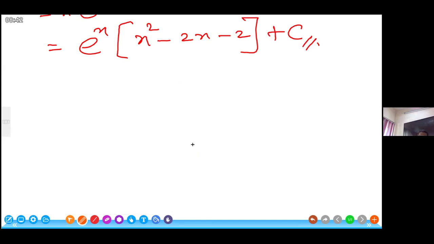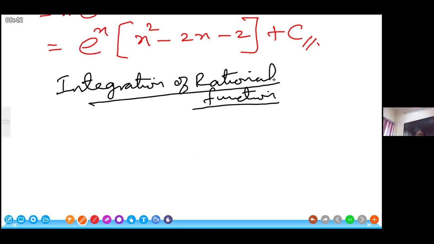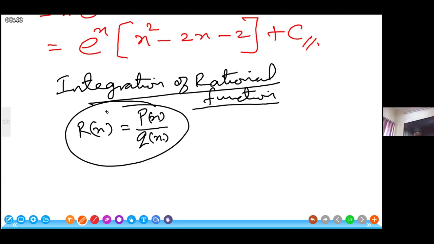Right. The last topic is integration of rational functions. Normally, a rational function R is given as the ratio between two other functions, P and Q. So this is called a rational function.